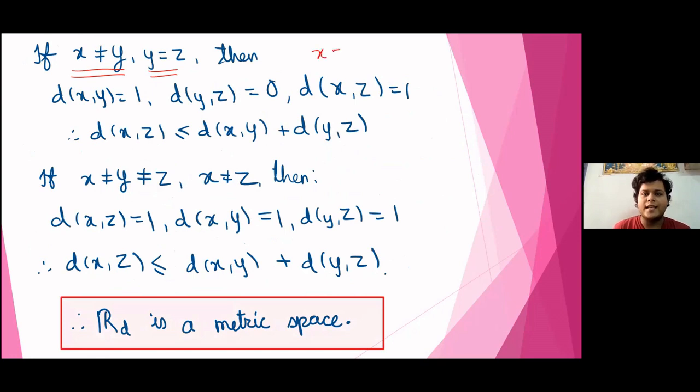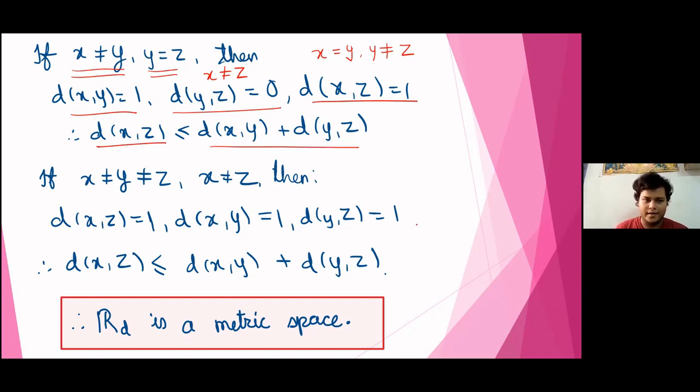The case that x is equal to y, different from z, is analogous to this one. Since x is different from y, this distance will be 1. Y equals z, so this distance is 0. And since y equals z, we conclude that x is different from z. So distance between x and z is 1, and 1 is less than or equal to 1. So in this case also, we are done.